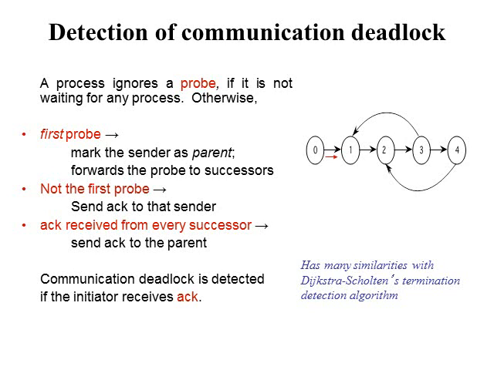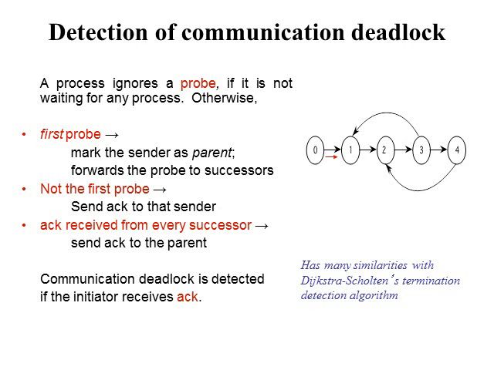Finally, let's take a look at the algorithm for detection of a communication deadlock. A process which is not in a waiting state, that is, not waiting for any other process, is going to ignore any probe that is received as a part of the communication deadlock detection algorithm.